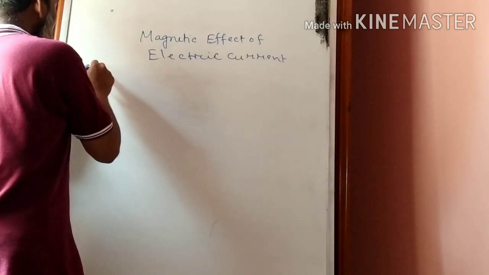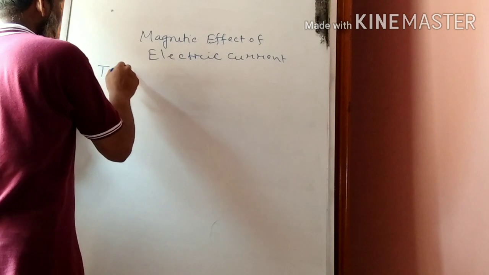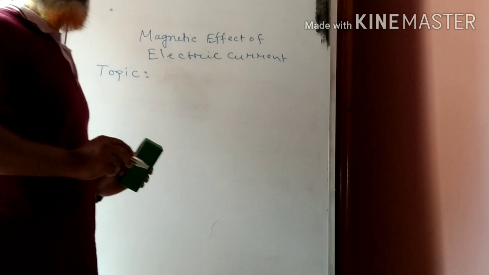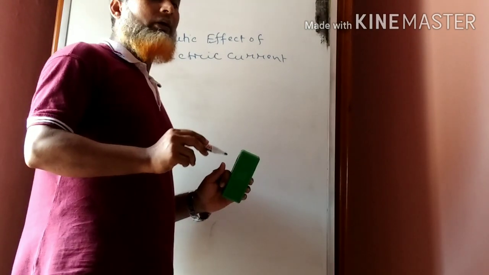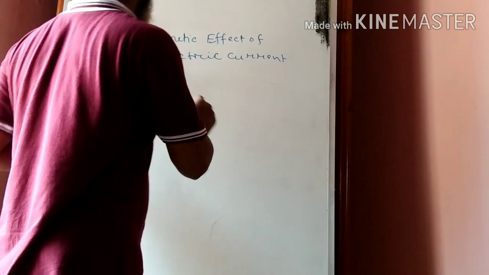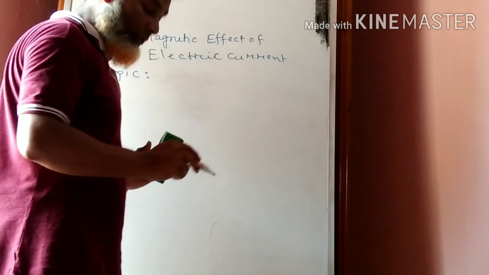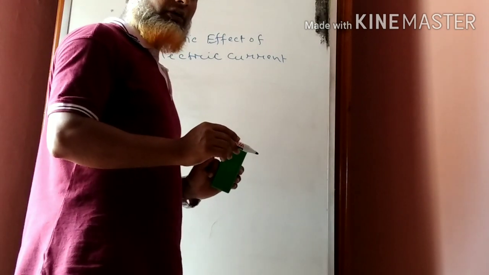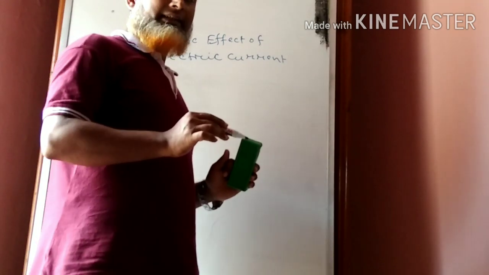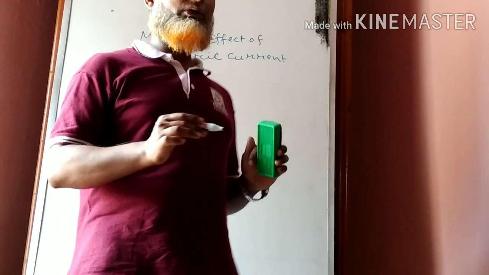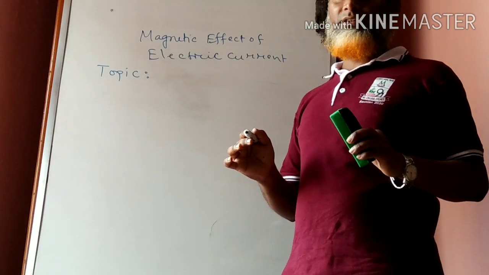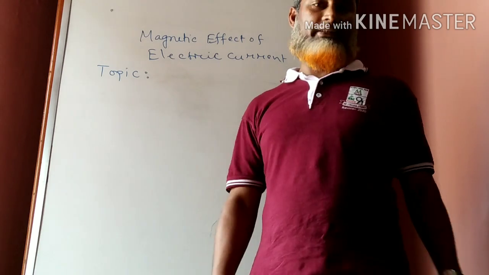And today our topic is how torque is produced on a rectangular coil having electric current. Okay, so we are going to find an expression of torque produced on a rectangular coil having electric current, because in the last class I discussed what amount of force is exerted on a current carrying conductor.